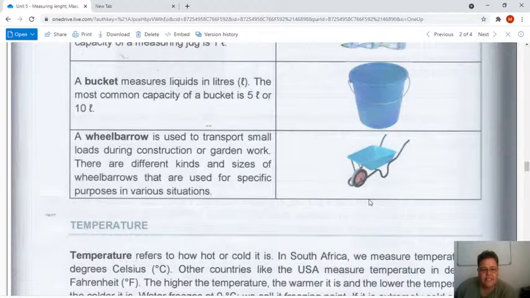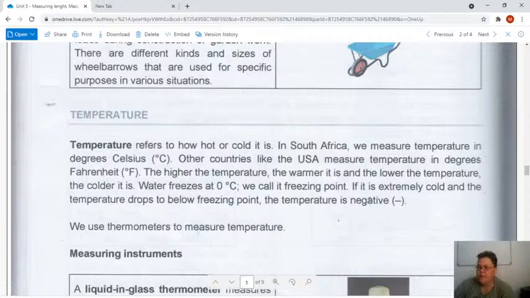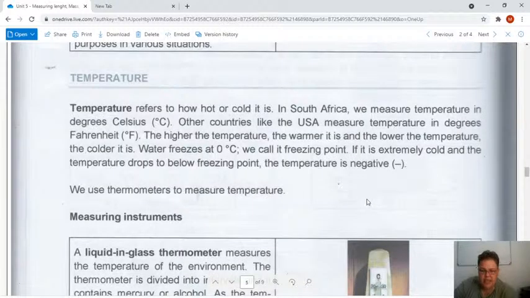There are different kinds and sizes of wheelbarrows that are for specific purposes and various situations. So yes, there are plastic wheelbarrows, there are metal wheelbarrows, and all of them have different applications. I'm not going to go into all of that too much, but there are different applications for that.